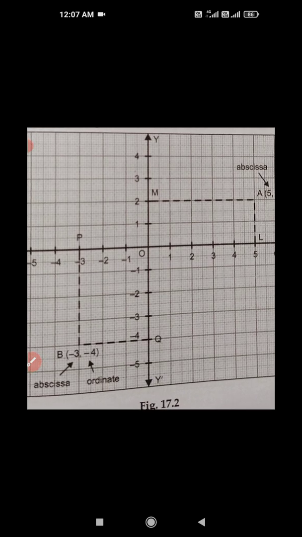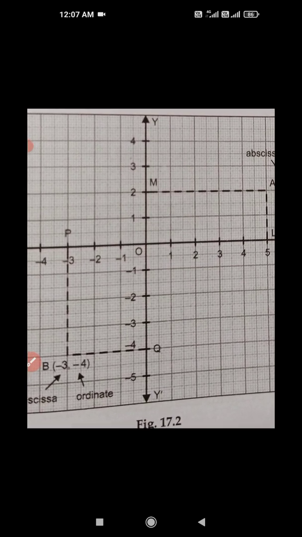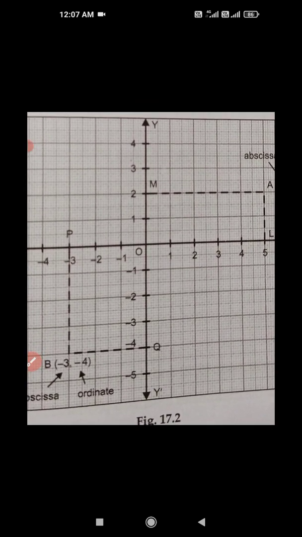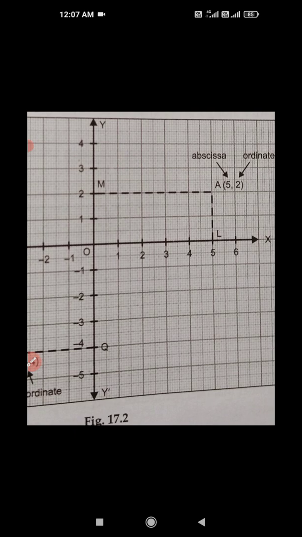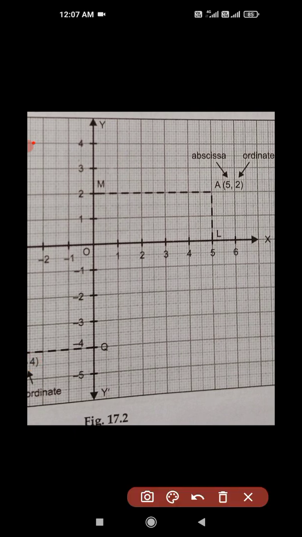So these are the 4 quadrants, and to locate the position we have to know the value of x and y, and from that value we can find the position of any point in the graph paper. So let's see this in detail. For example, we want to locate a point (5, 2) in the graph paper.